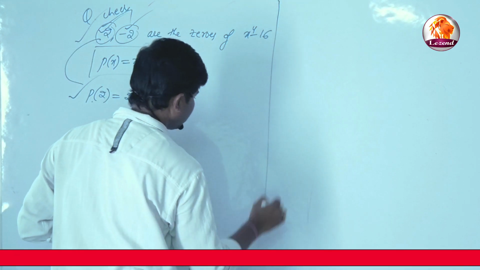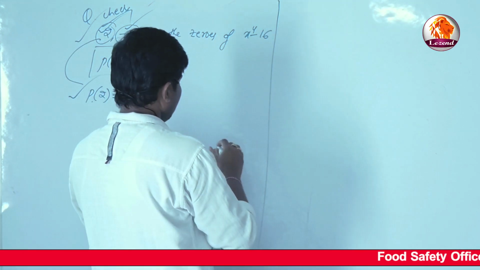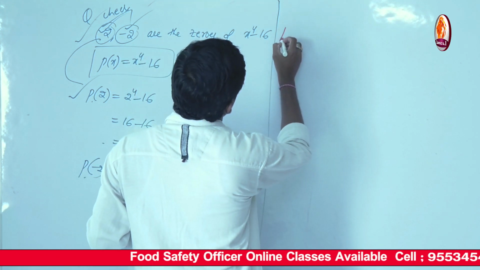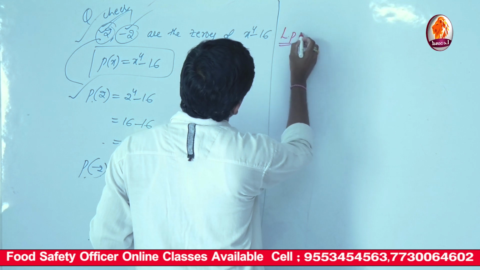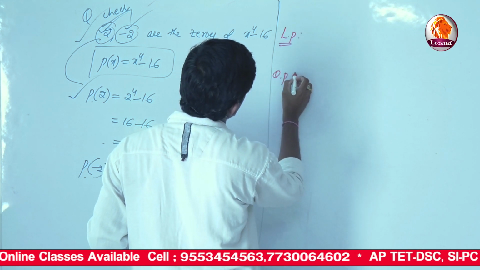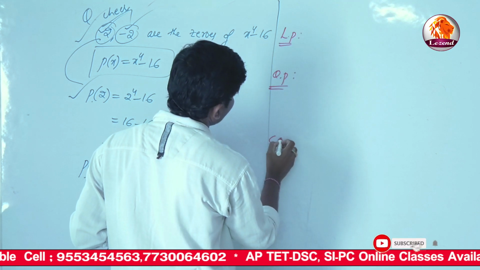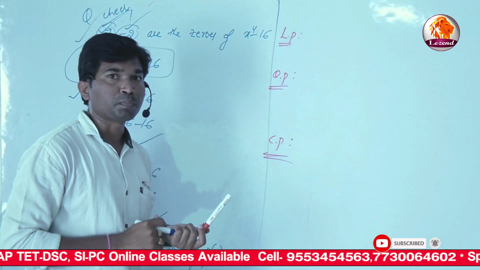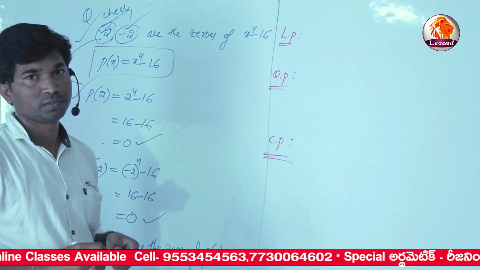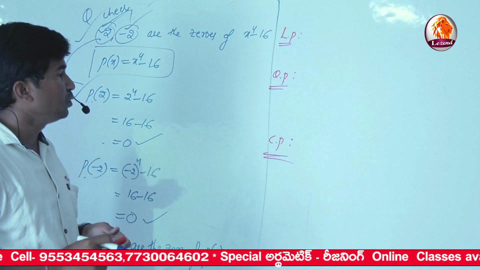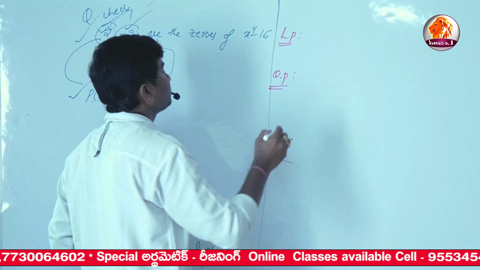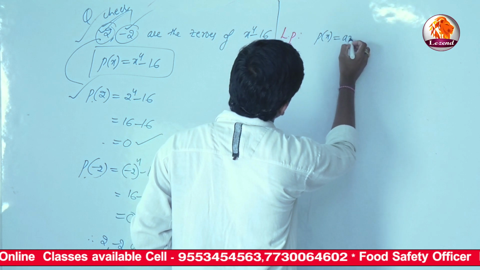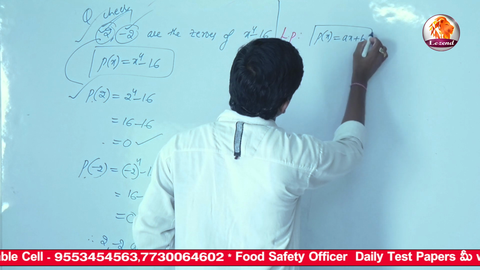Now, for the linear polynomial, quadratic polynomial and cubic polynomial, we look at the sum of the roots and product of the roots of the LP, QP and CP. We know the standard form is p of x is equal to ax plus b, with the condition a not equal to 0.